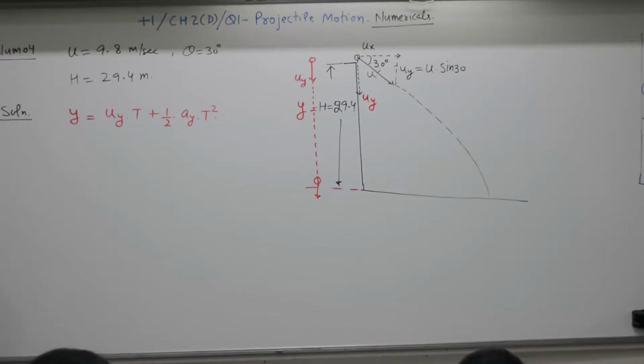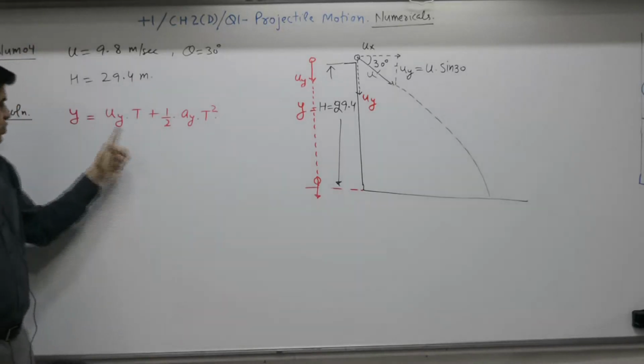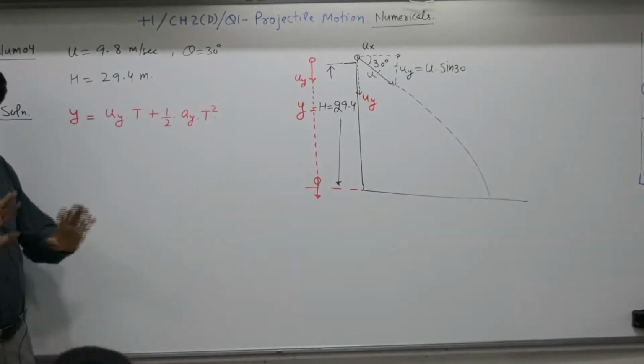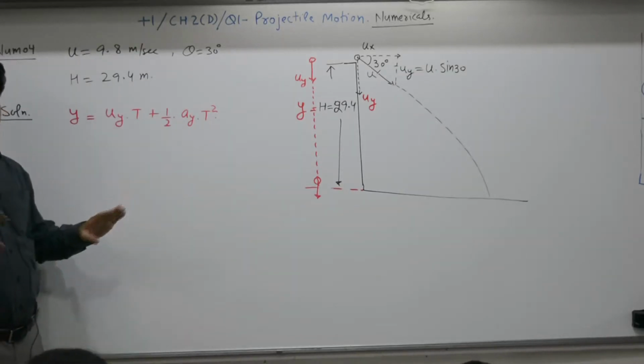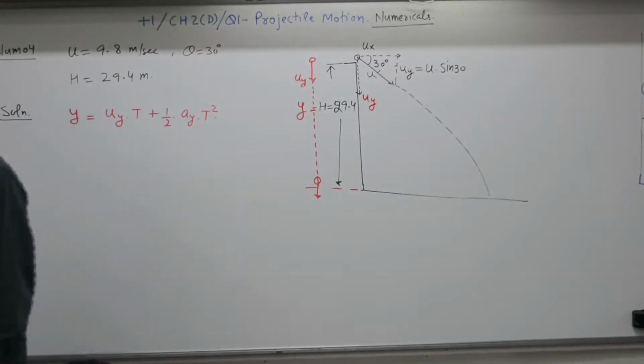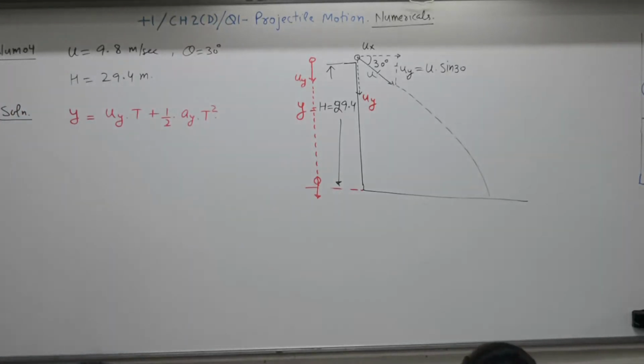Mark all directions downward direction, either positive or negative, your choice. Y downwards, uy downwards, ay downwards. So either mark all positive or mark all negative. Try. 2 minutes to answer. 9th class formula.